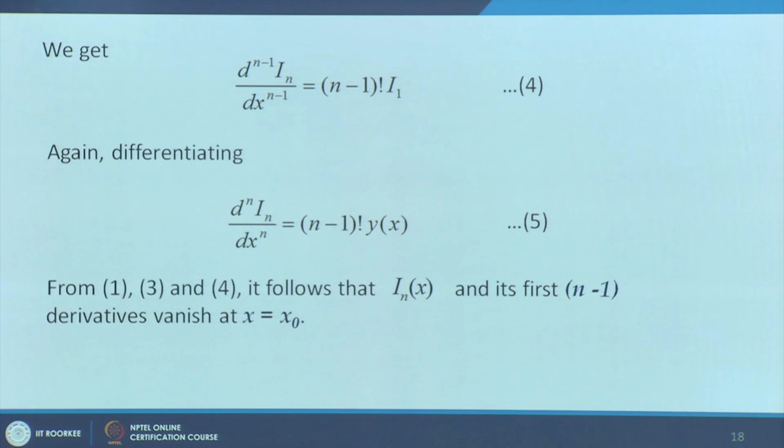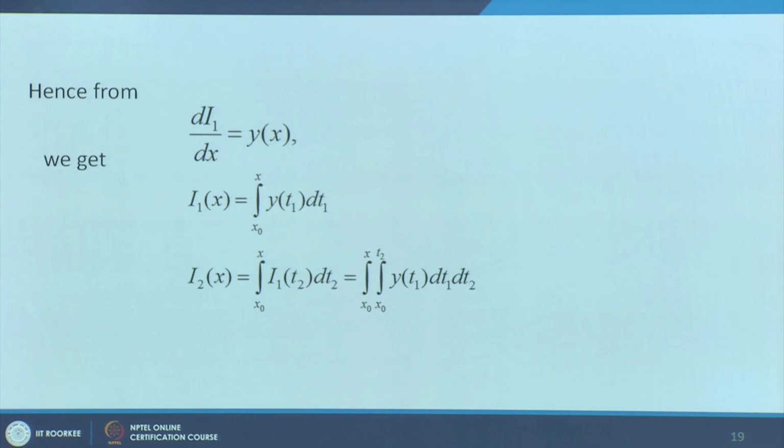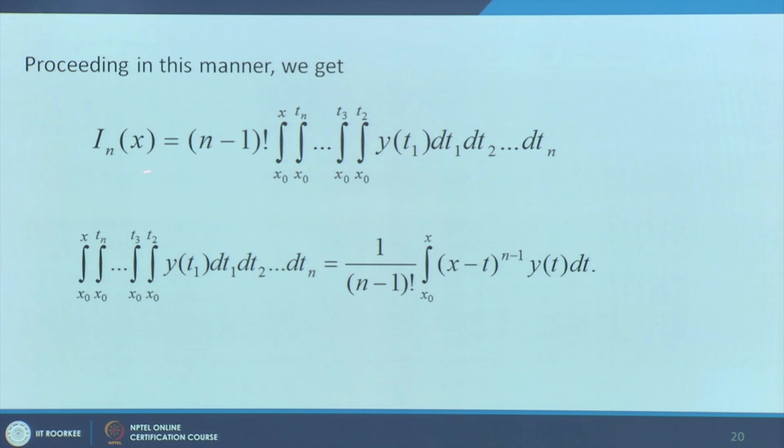When we integrate it twice, integrating twice means when we integrate once we get I_1(x), and when we integrate again we get I_2(x). So, I_2(x) equal to the integral from x naught to x of I_1(t_2) dt_2, which, when you put the value of I_1(t_2) from here, you get the integral from x naught to x of the integral from x naught to t_2 of f(t_1) dt_1 dt_2. We can proceed in this manner and integrate it n times.